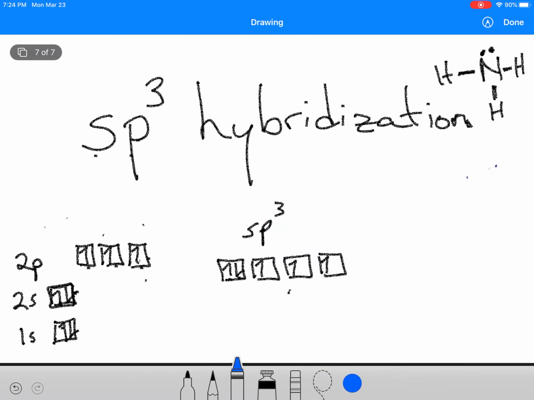And now the electrons that are associated with these hydrogens that are bonded in come in here. And these 3 sp3 orbitals represent these 3 single bonds between the nitrogen and the hydrogen. The lone pair up here is these guys. Okay? That's sp3 hybridization. I'm going to talk about sp2 and sp hybridization, and then I'll give a summary as well.